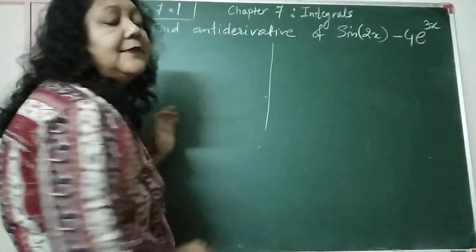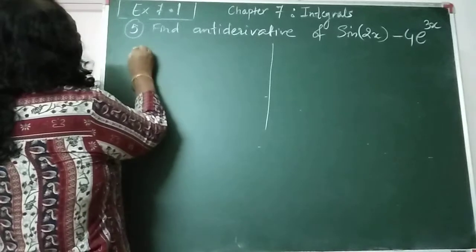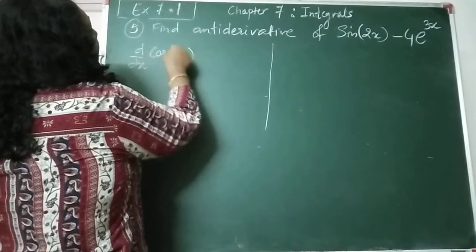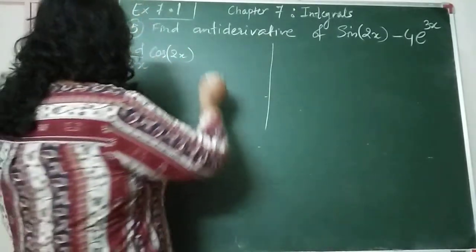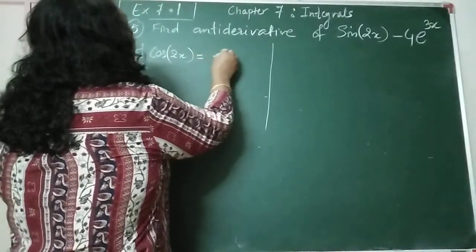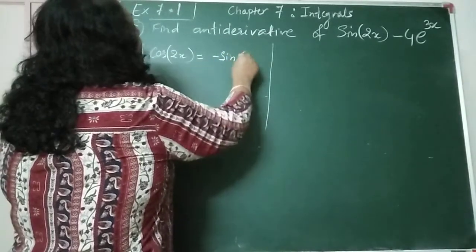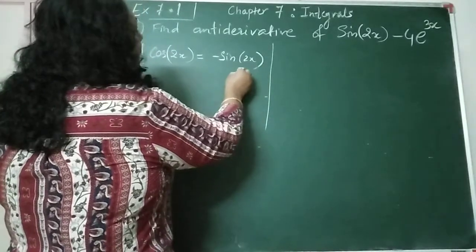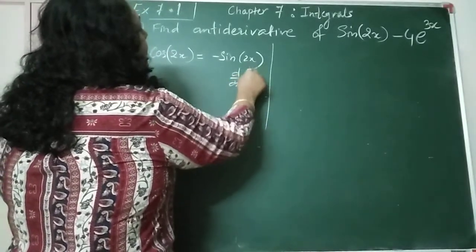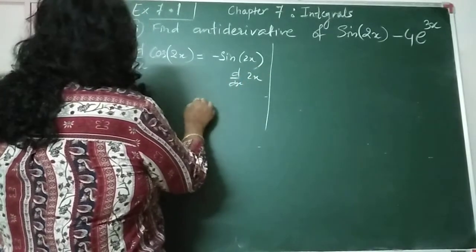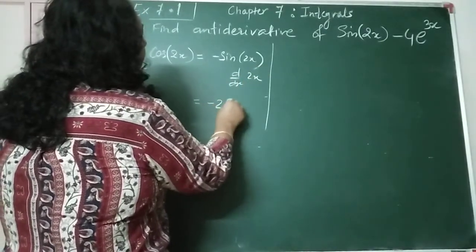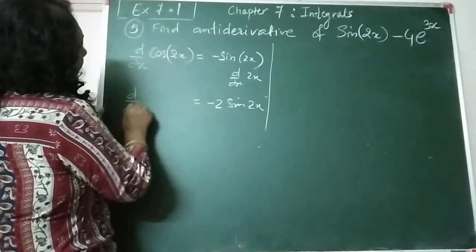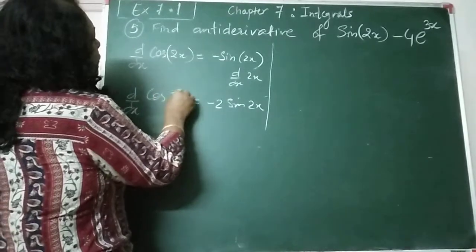First, I want to get the answer for sine of 2x. So I differentiate d by dx of cos of 2x. The differentiation of cos will be minus sine of 2x, and when you differentiate 2x, into d by dx of 2x, therefore you will get minus 2 into sine of 2x, and this is d by dx of cos of 2x.